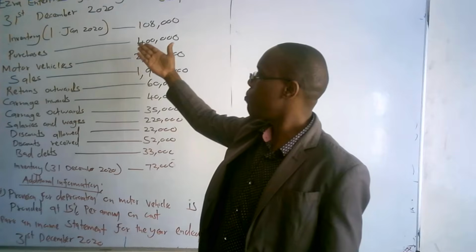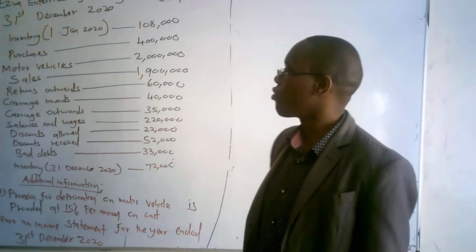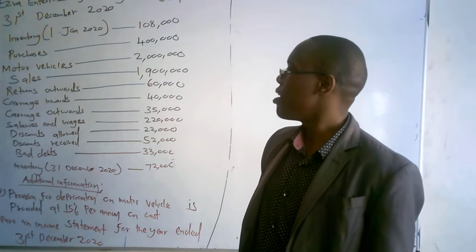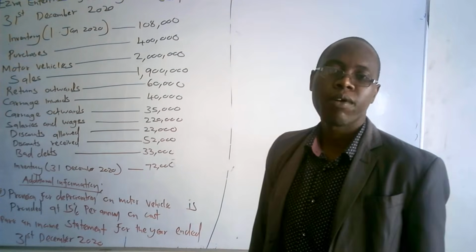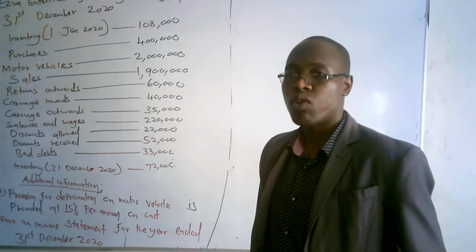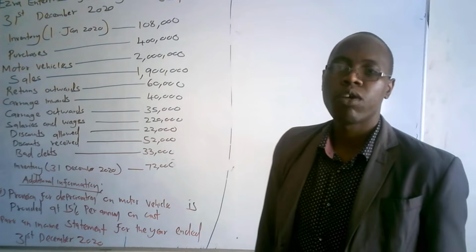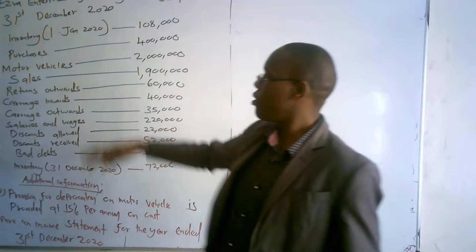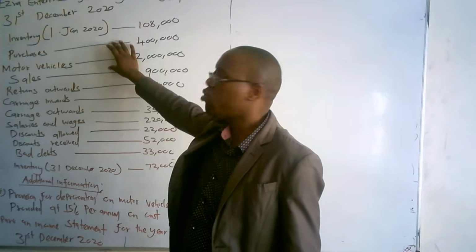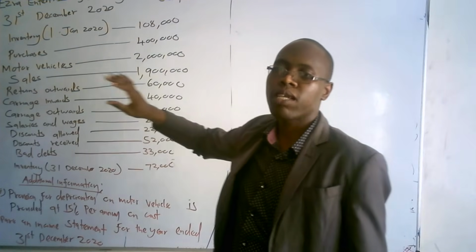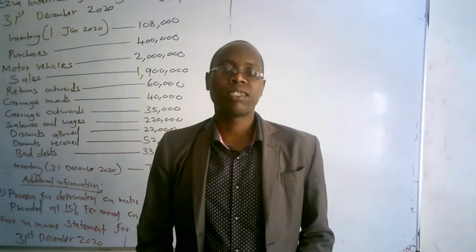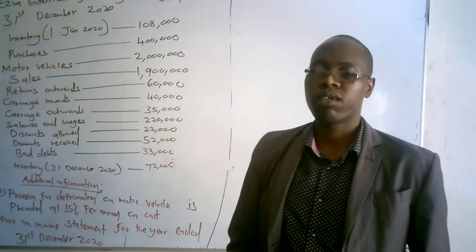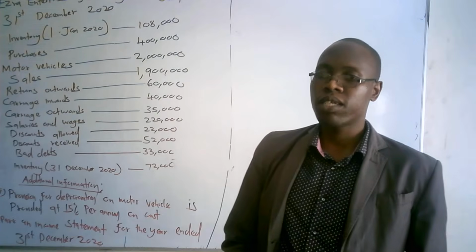You have been given the motor vehicles. A motor vehicle is an asset. When we are preparing the income statement, most of the time non-current assets go to the statement of financial position, which is the balance sheet. So if you see an asset in the extract and you are only required to prepare an income statement, that non-current asset is there so that you calculate the depreciation on it. And remember, depreciation is an expense.